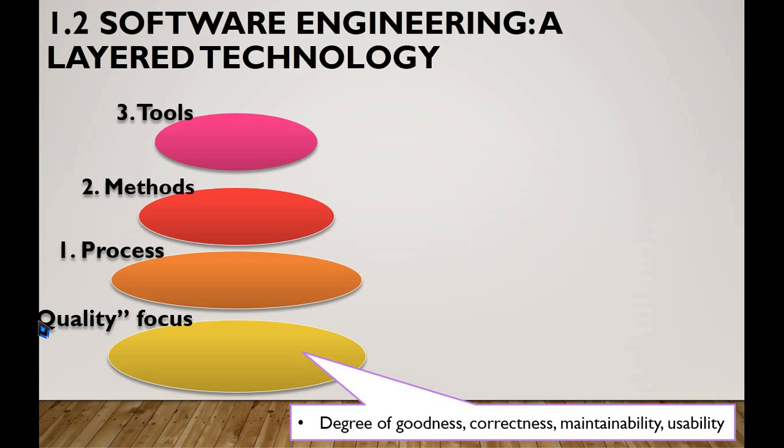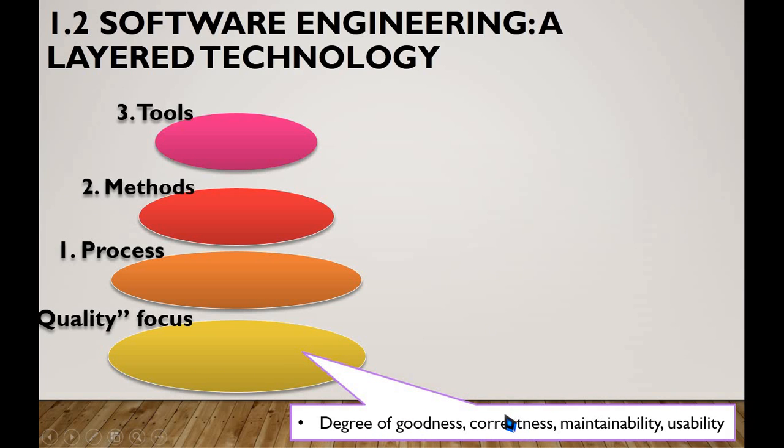Here quality means we can achieve our quality by degree of goodness, product's correctness, product's maintainability and usability. First, degree of goodness means that the product we have developed should have a degree of goodness.